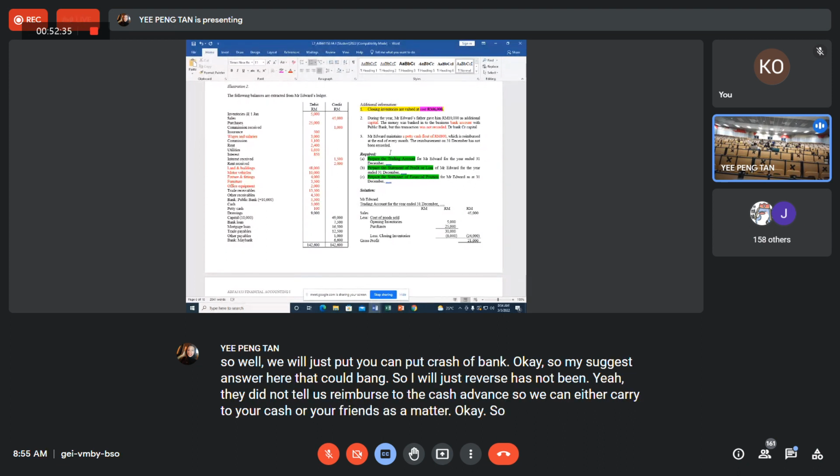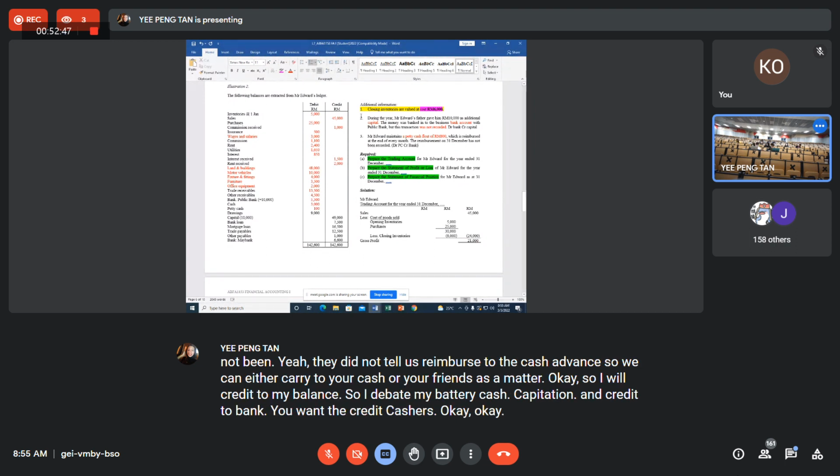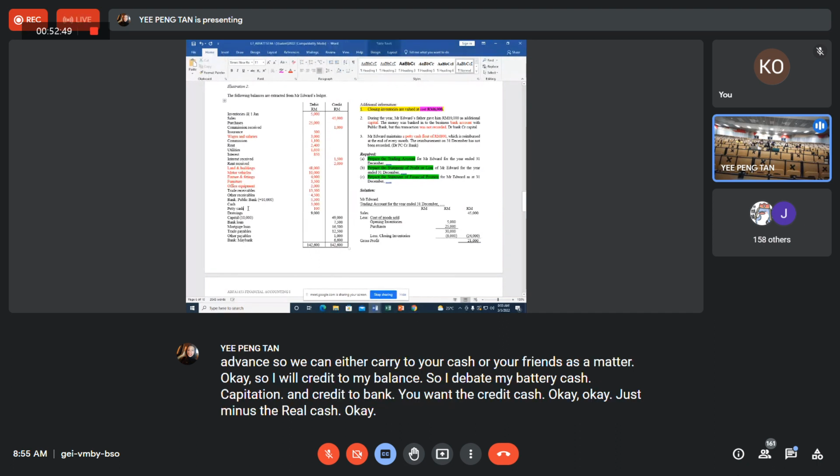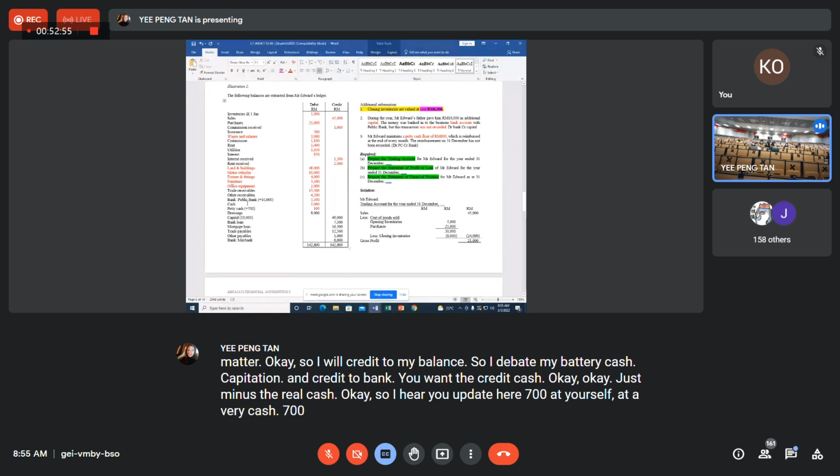So I will credit my bank. I debit my petty cash and credit bank. If you want to credit cash, that also works, you can just minus from your cash. So here you will update 700 at your petty cash and minus 700 from your bank.